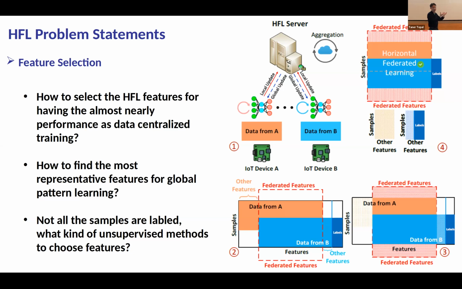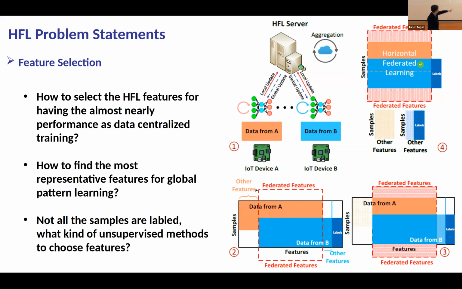These features should represent most of the performance, or most of the attributes, of this data set. The second question is how to find these representative features and discard those features that are not quite important, like in this orange area.